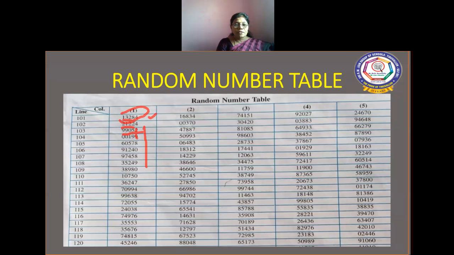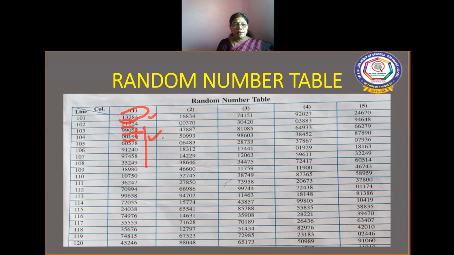So first 4 digits is 19. This number is less than 2000, so we can select this. So in this way we have to select until we get 200 samples. Clear? So we select these two numbers because these two numbers are lesser than 2000.